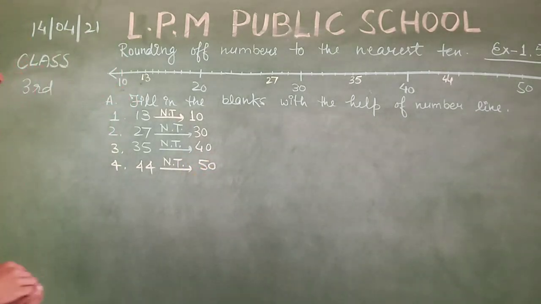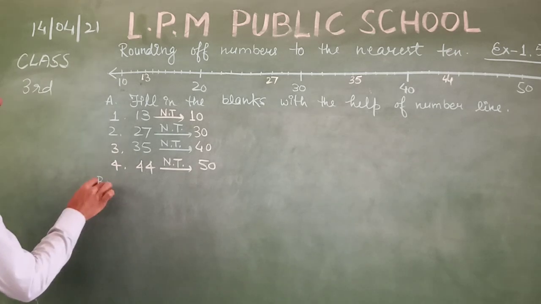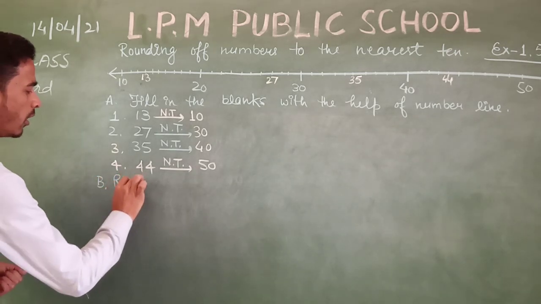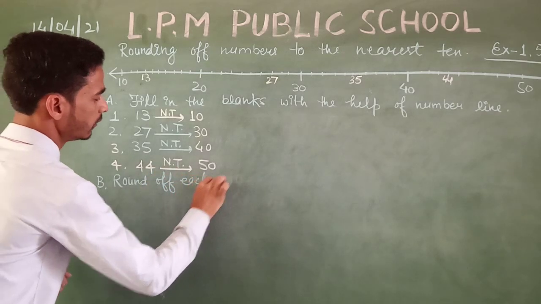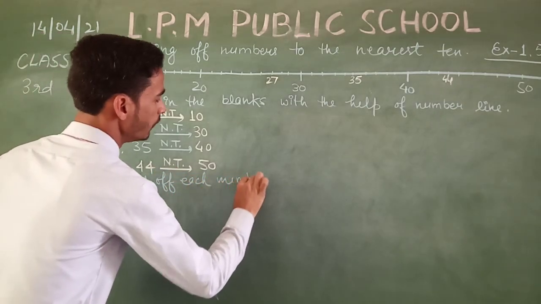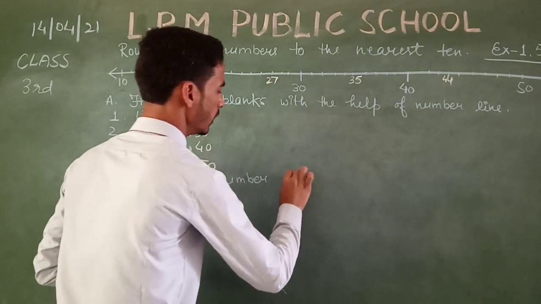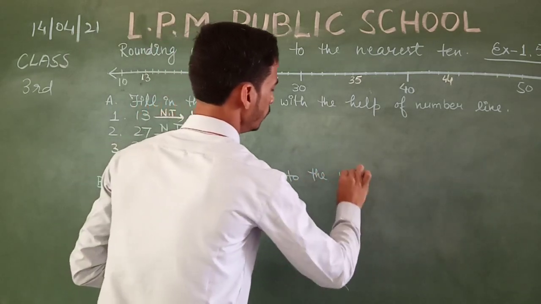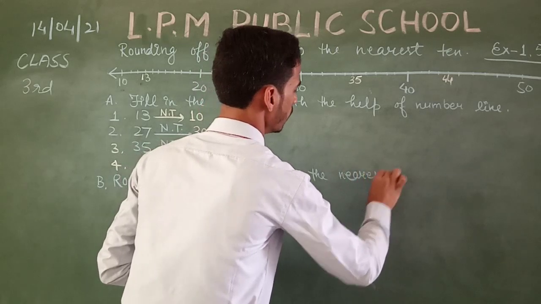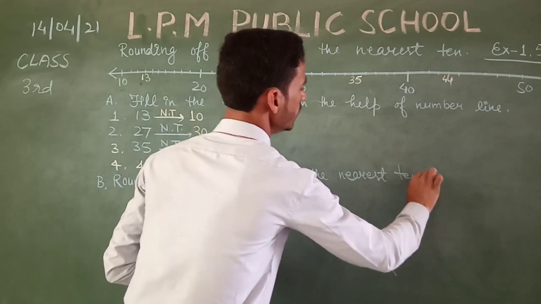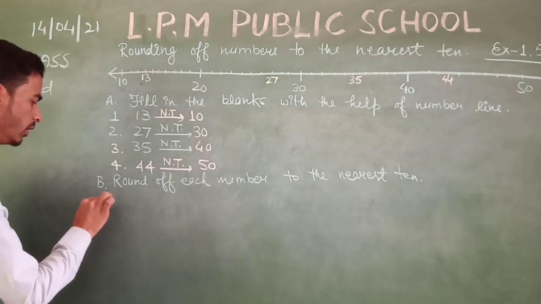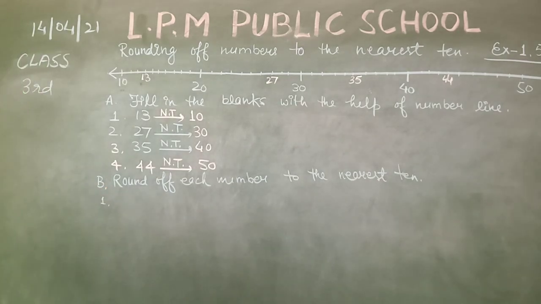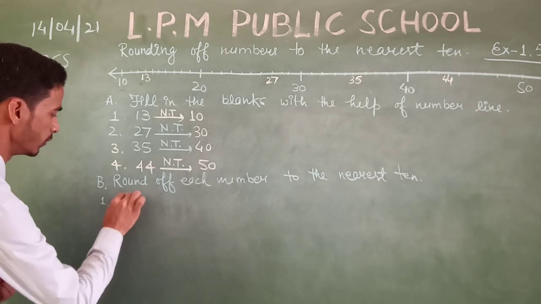The next question is: round off each number to the nearest 10. The first question is 48.